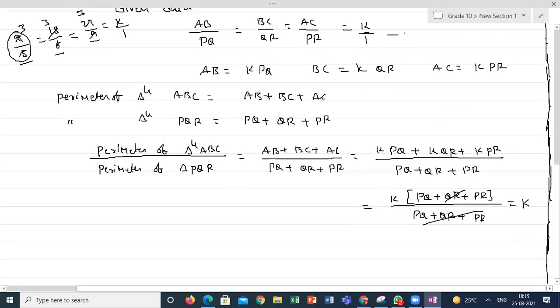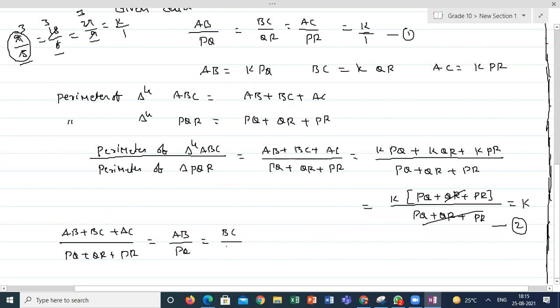So this is the first equation, this is the second equation. From the first and second equation, I can write AB plus BC plus AC divided by PQ plus QR plus PR will be equal to AB by PQ is equal to BC by QR is equal to AC by PR, which is nothing but the perimeter of triangle ABC divided by the perimeter of triangle PQR.